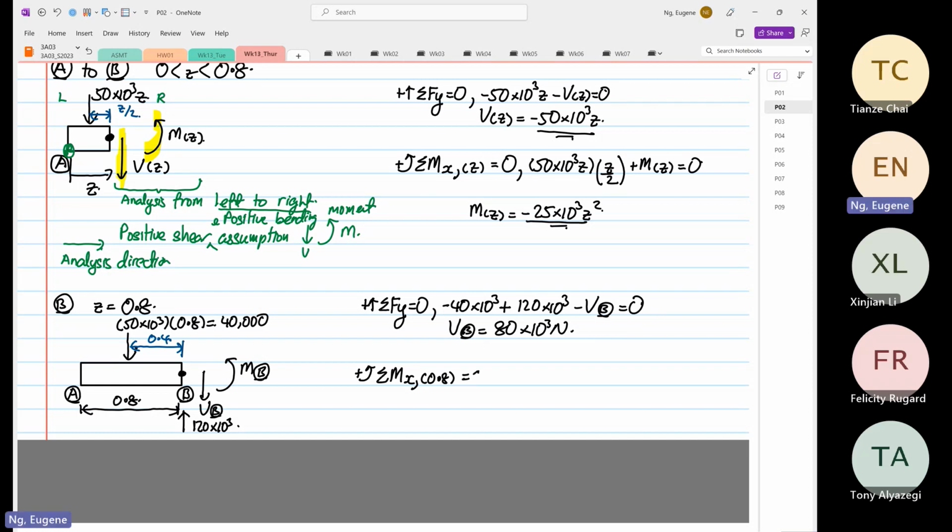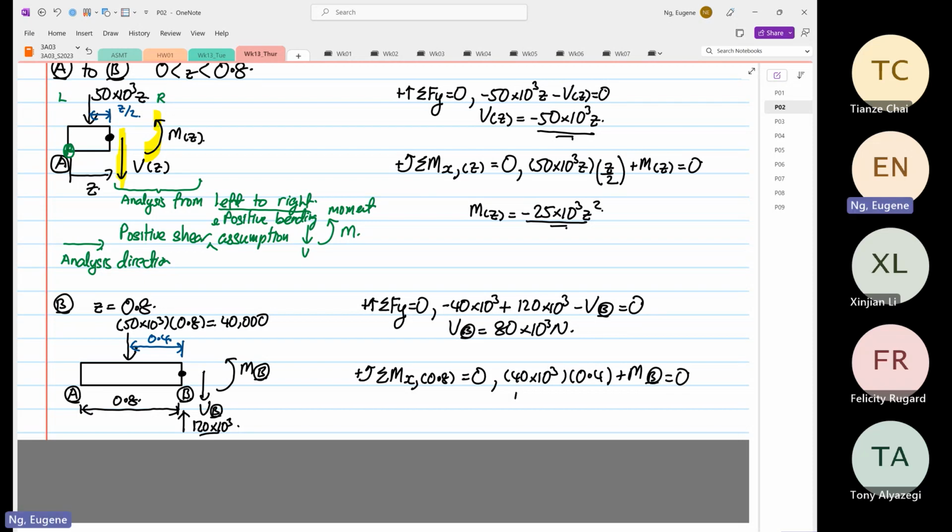So this will be equal to going anti-clockwise 40 times 10 to the power 3 multiplied by 0.4. The 120 is not going to cause any moment, because there's no perpendicular distance at point B due to the 120, and then you plus M at point B is equal to 0.